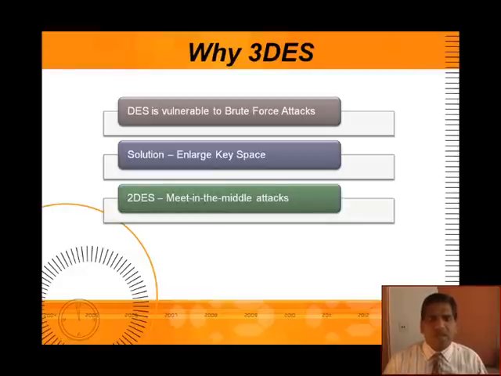What was earlier suggested to enlarge the key space was to use what is known as a double DES algorithm. However, this was also found susceptible to what is known as a meet in the middle attack. Now, brute force attack and meet in the middle attack are only some of the varieties of attacks that can be made.